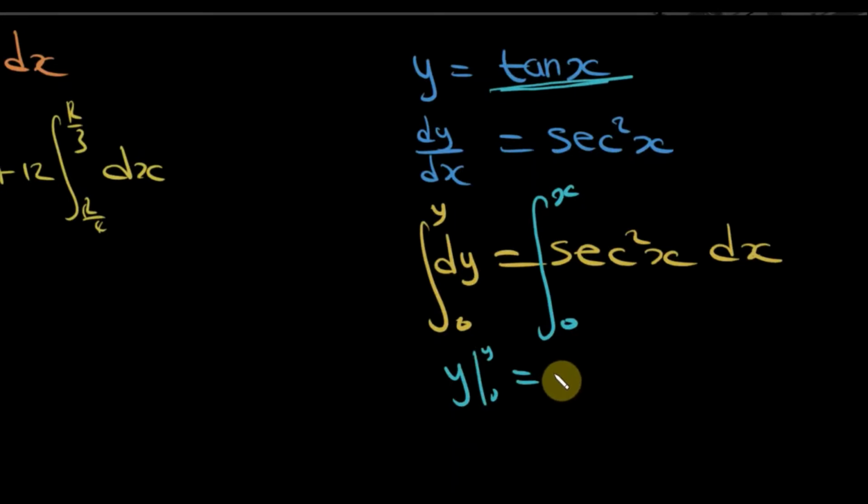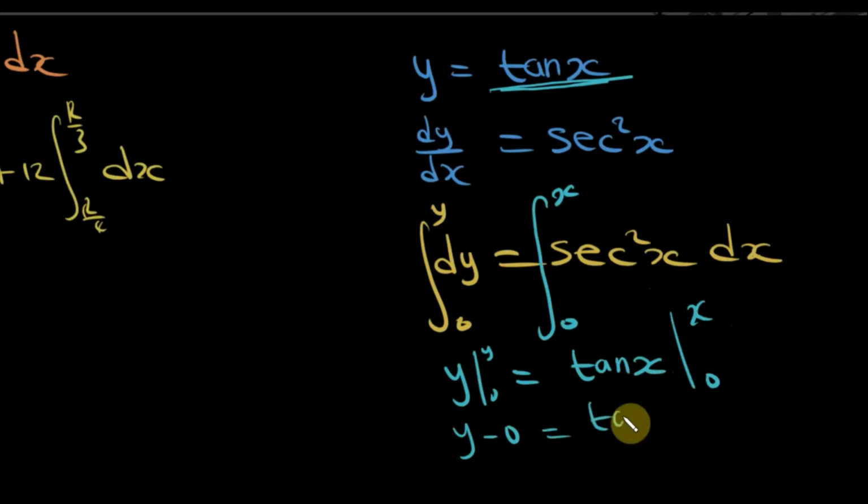So the integral of sec squared x is tan x, and our limits are from 0 to x. So what we do, we substitute our limits. Upper limit minus lower limit is equal to tan x minus tan of 0.